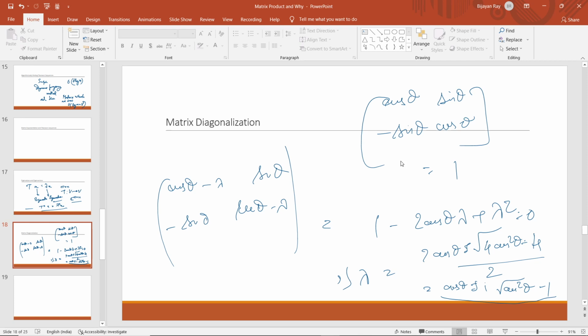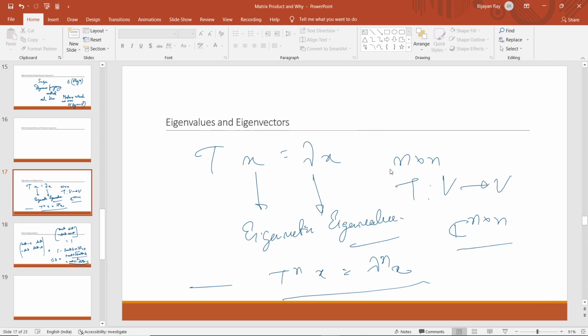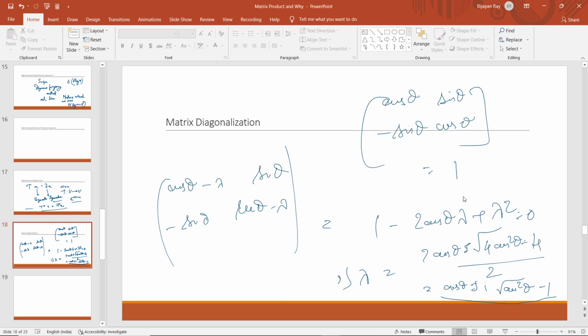In this example, actually, the underlying field of the matrices need not be complex. For this example, this M maps R2 to R2, right?